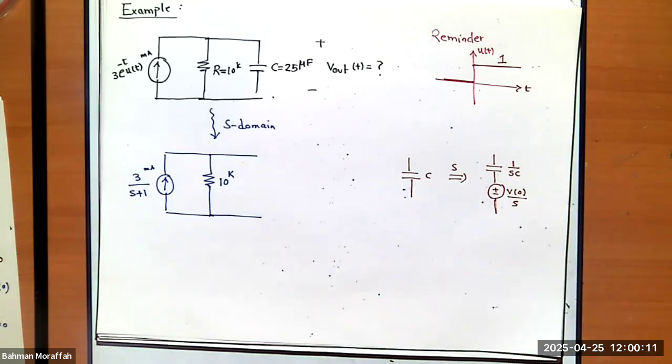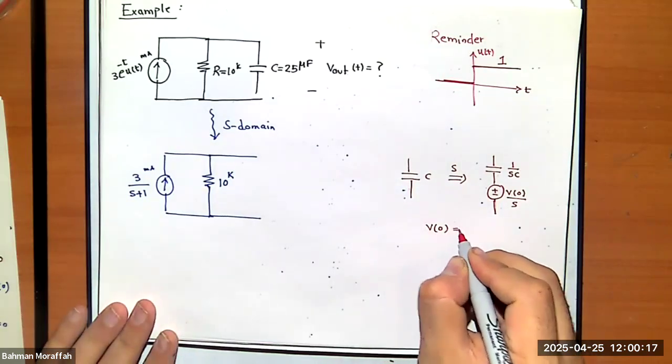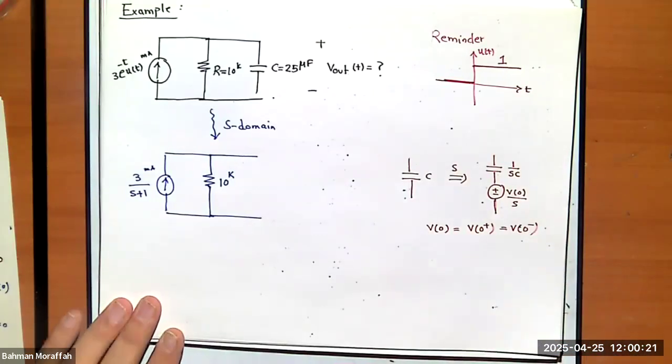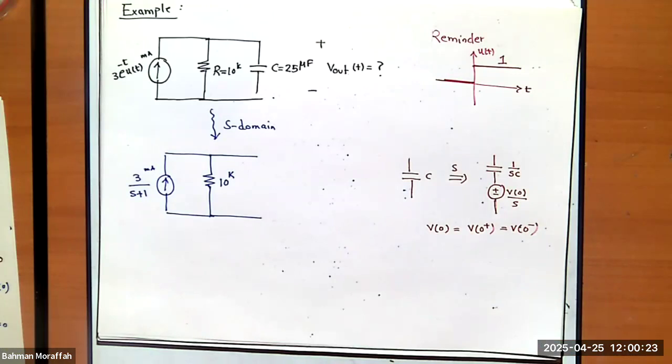It's the exact same as V at time 0 positive. I don't exactly know what's happening at t equals 0 plus, but I do know what's happening at time 0 negative.